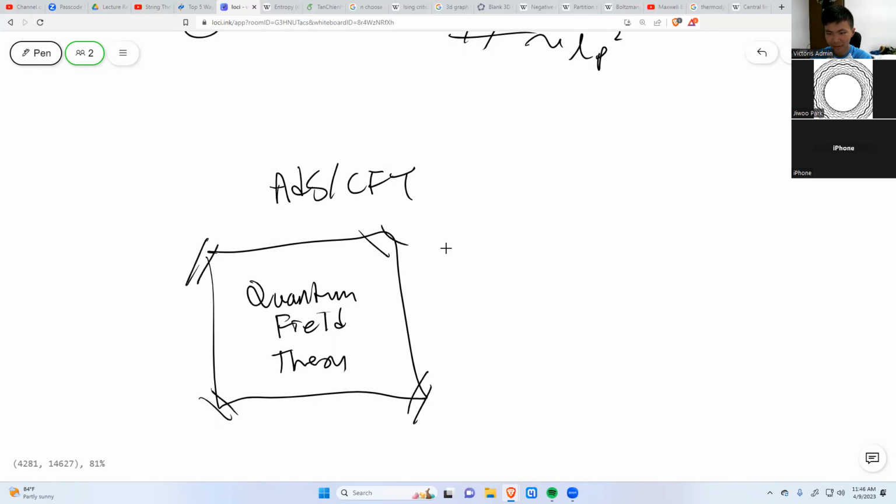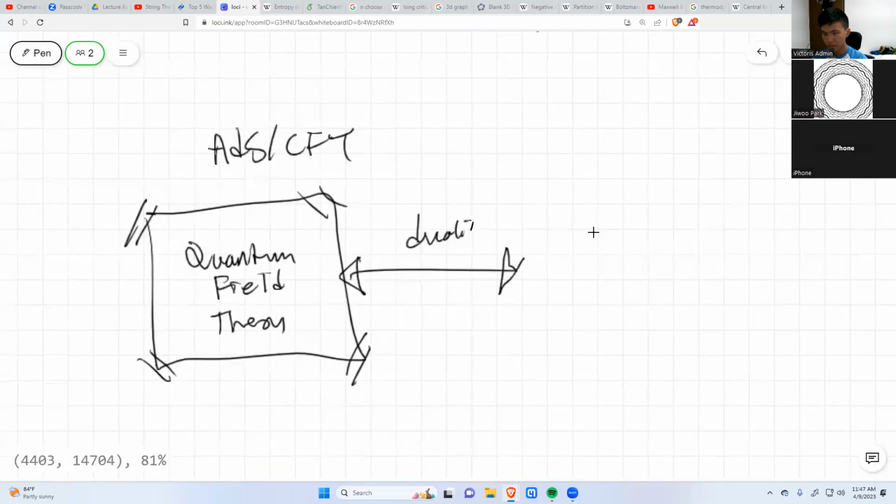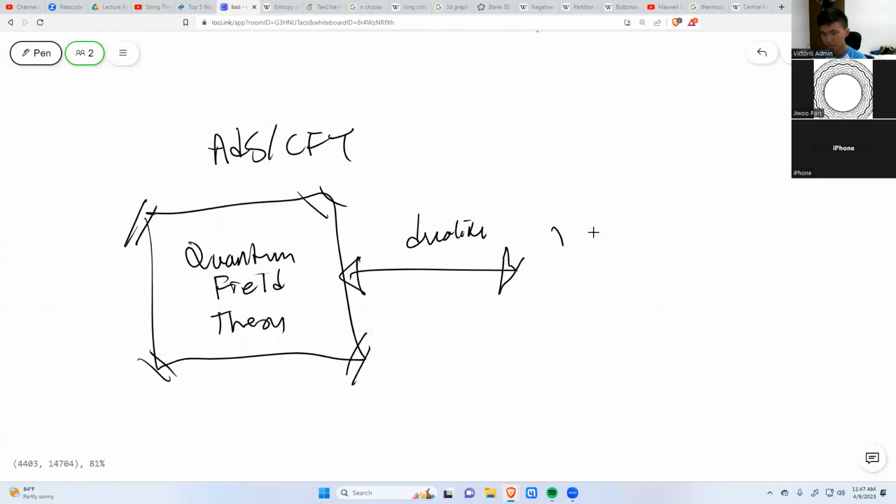That makes sense in the case of ADS-CFT because people are interested in the Yang-Mills mass gap problem. Somebody might argue that it's easier when your Yang-Mills theory is supersymmetric, because then it's a superconformal field theory. And that's exactly the field theory that's in ADS-CFT. So mathematicians might be encouraged to rigorously define quantum field theory here. And they say that there is a duality between this and a quantum gravity theory.